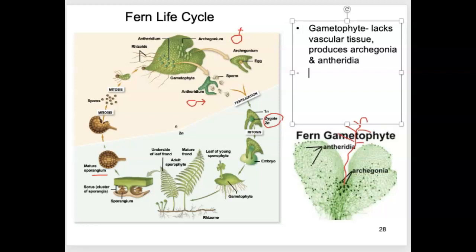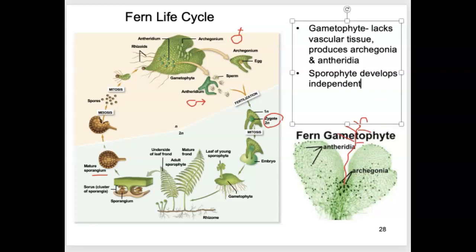Once the antheridia has released the sperm, it swims to the archegonia, or the egg in the archegonia. Fertilization occurs, then the sporophyte will develop.